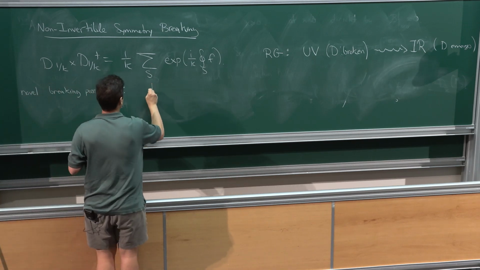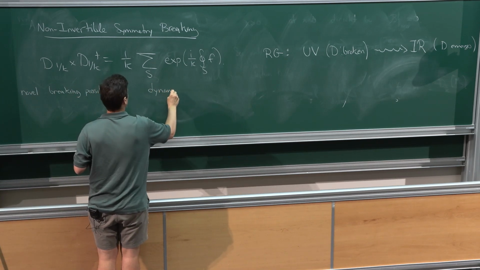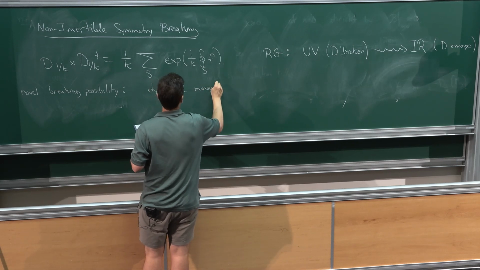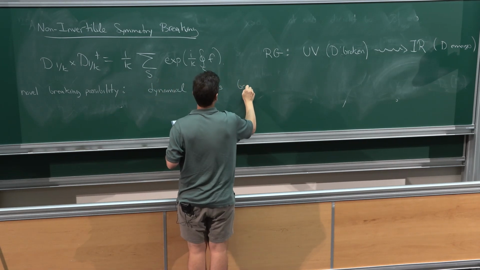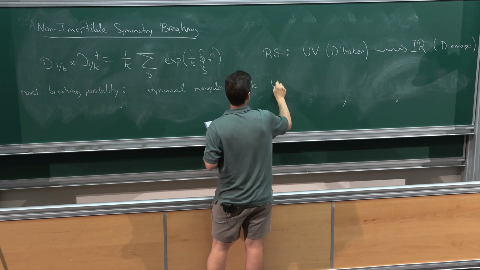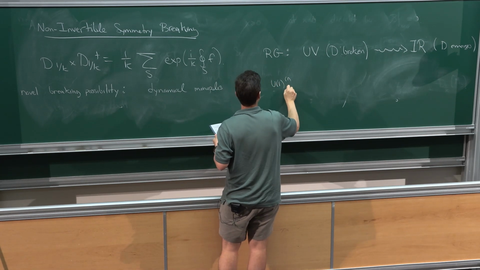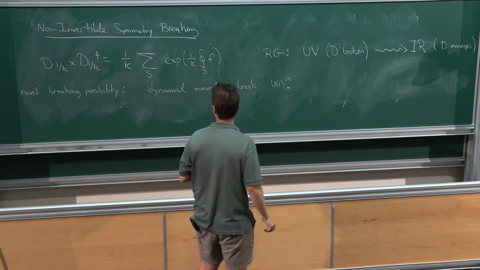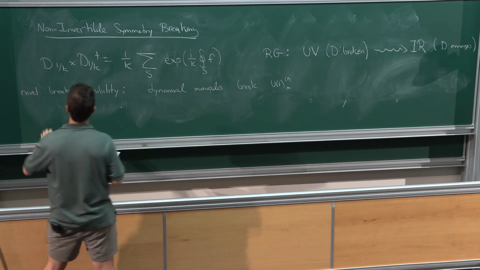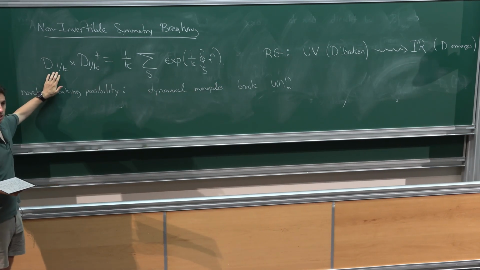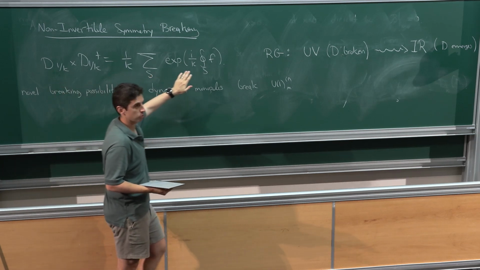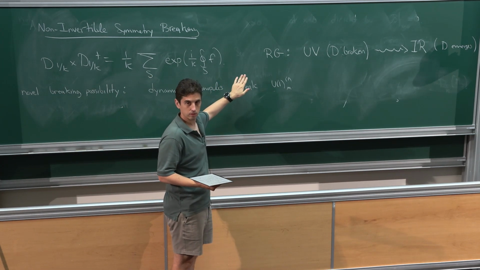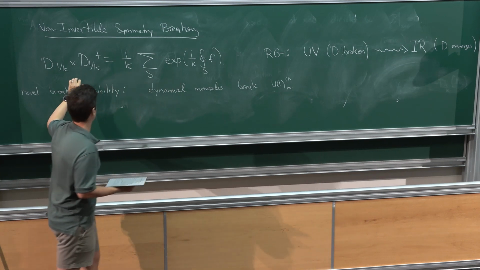So dynamical monopoles, we know that they can break the magnetic one-form symmetry. And we also see that the chiral symmetry is in some kind of funny algebra with the one-form symmetry. That's what you should take away from this formula.